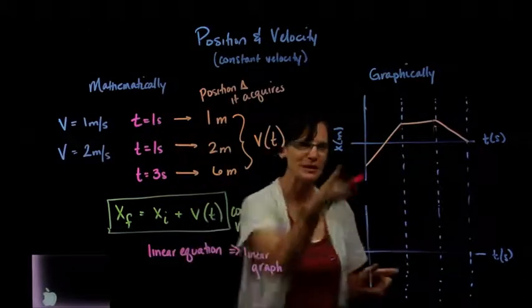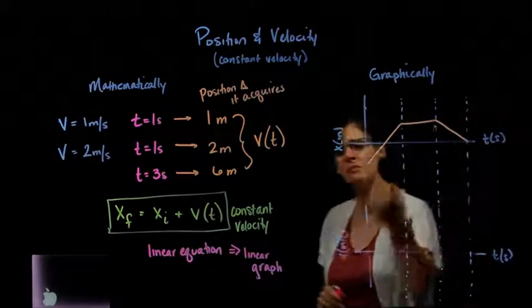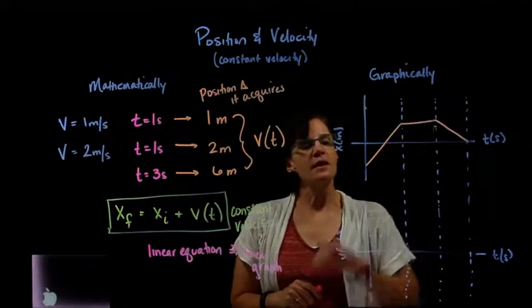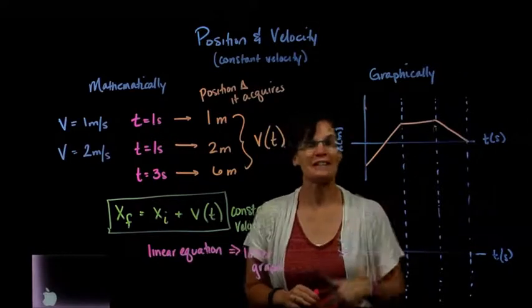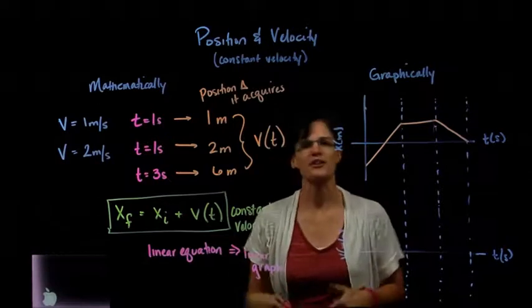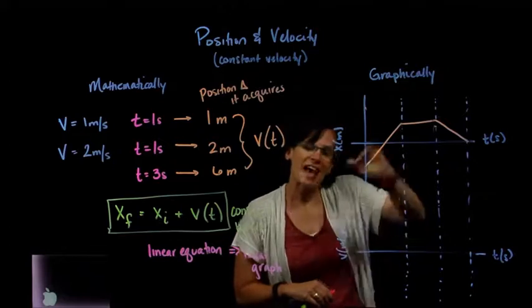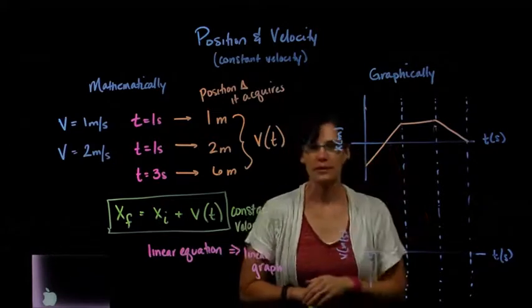So let's look at this position versus time graph that we have up here. As we've talked about with position-time graphs, we can get some different information from them. We can see that the object starts at a certain location, left or down or negative, whatever our negative direction is, negative of the origin. It already has a linear slope that's not horizontal associated with it.